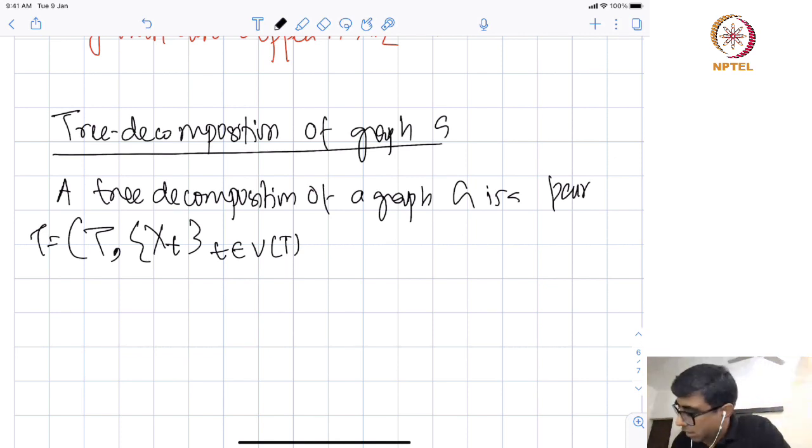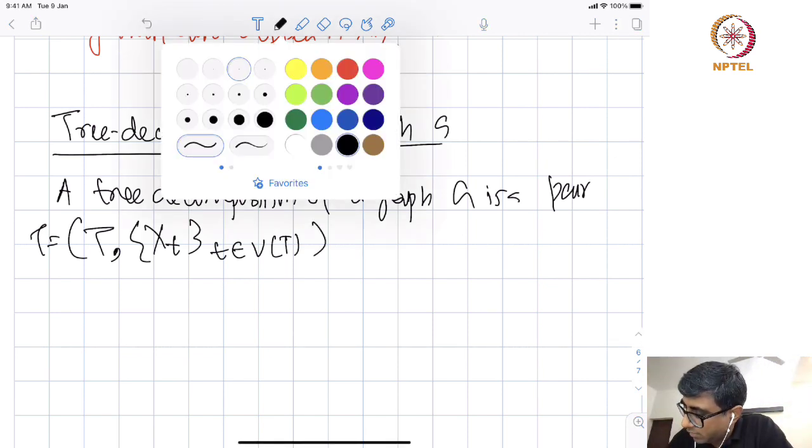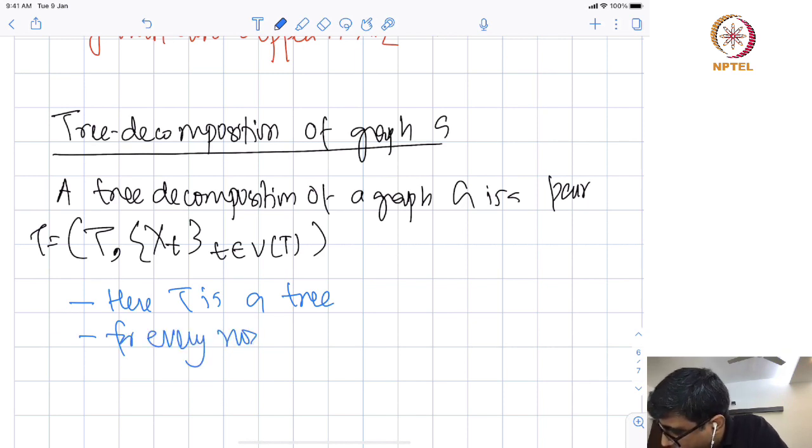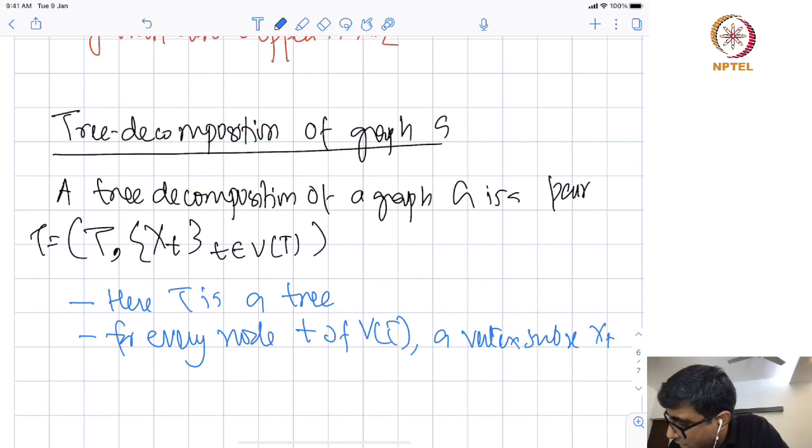Okay, and what is this property? What is this? Here, T is a tree, for every node t of vertex set of T, a vertex subset xt of vertex set of G is assigned.